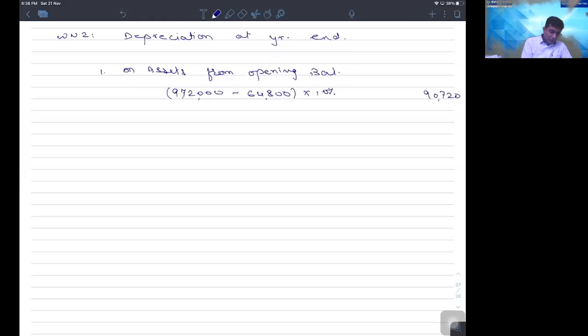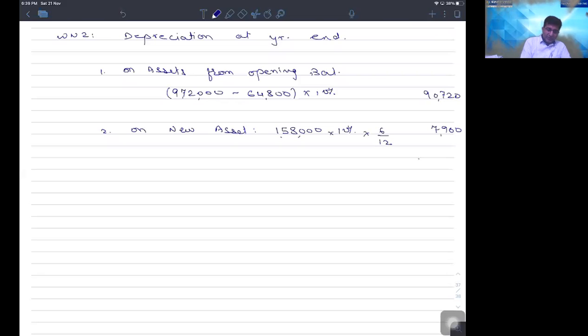And then on new asset that you have purchased during the year, on that, how will I calculate the depreciation? 1,58,000 गुणिले 10% गुणिले 6 भागिले 12. That is at the rate of 5%, that comes to 7,900.